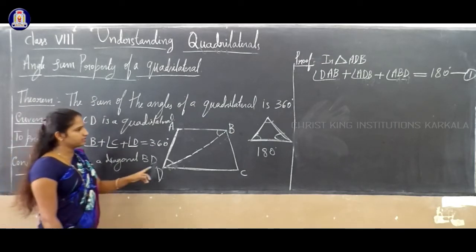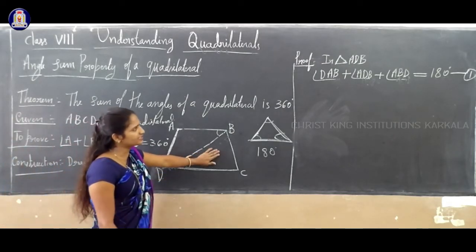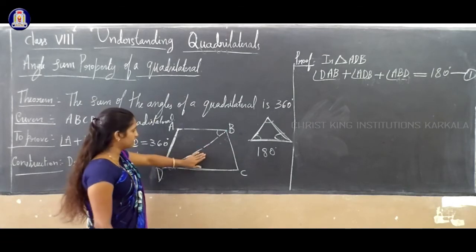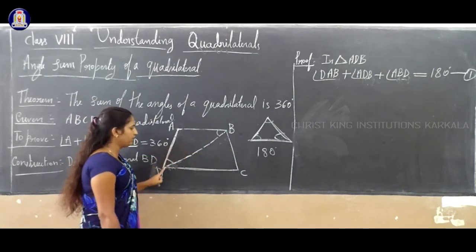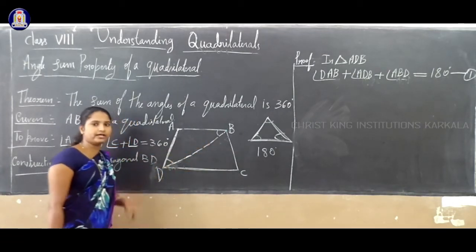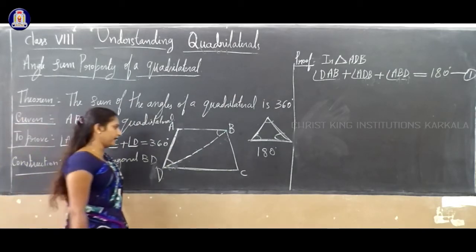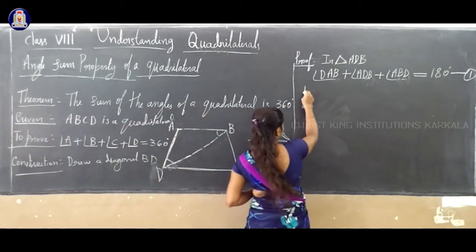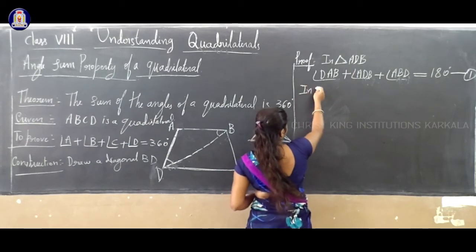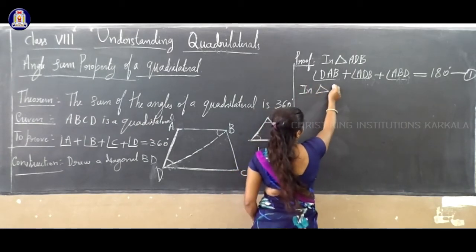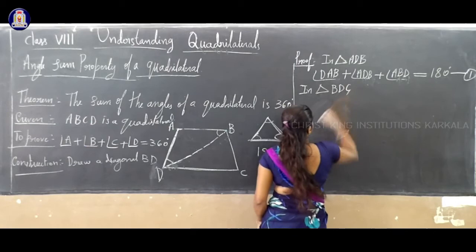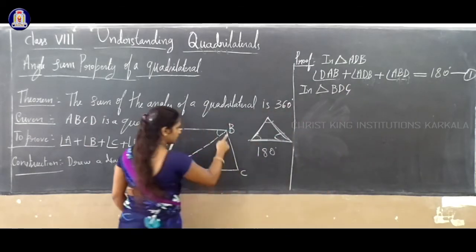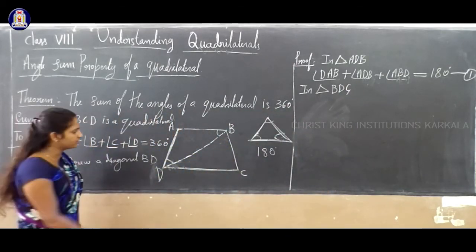Okay, now see here. We can consider another triangle. What is the other triangle? That is triangle BDC. So in triangle BDC, how many angles are there here? 3 angles, right?